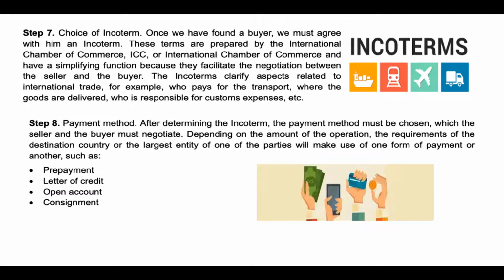Step 7. Choice of Incoterm. Once we have found a buyer, we must agree with him on an Incoterm. These terms are prepared by the International Chamber of Commerce and have a simplifying function because they facilitate the negotiation between the seller and the buyer.